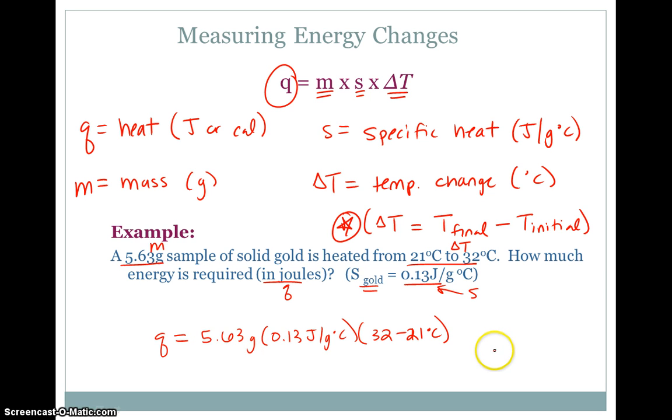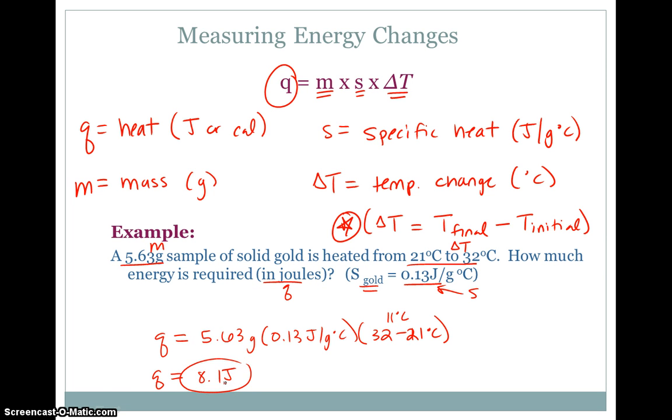So I'm just going to calculate that in my calculator. I'm going to do 5.63 times 0.13 times my temperature change, which is 11 degrees Celsius. I'm going to round to 2 sig figs, because this has 3 sig figs, this has 2 sig figs, and this has 2 sig figs. So my Q would equal 8.1 joules.